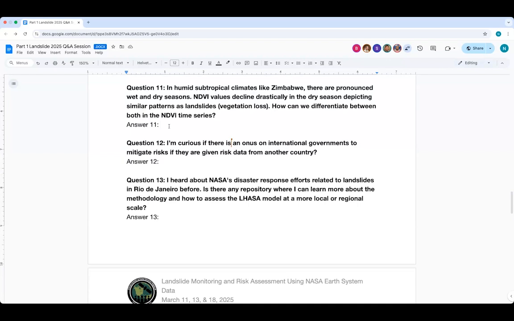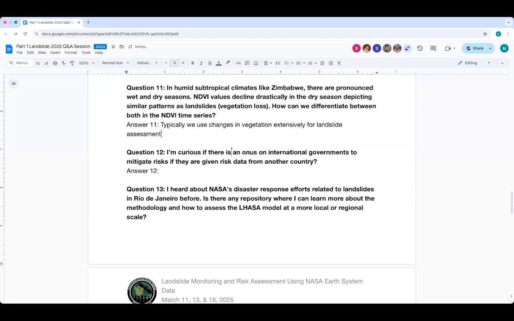So that's another excellent question. What you're pointing out is that typically we have used changes in vegetation very, very extensively for landslide assessment. And that works very well in areas which are green for much of the year. And so we see a lot of landslides, for example, we can pick those out. But in areas where the vegetation dies off in the dry season, it can be much more challenging to pick out landslides.